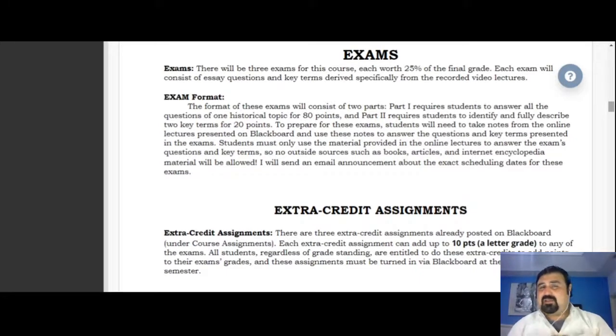You watch the lectures, but for the exam, you're going to answer the questions of just one topic. And I'm just giving you, in advance, what the topic is going to be. The topic is going to be the second topic. The second topic of the semester is going to be the socioeconomic transformations of the late 19th century.